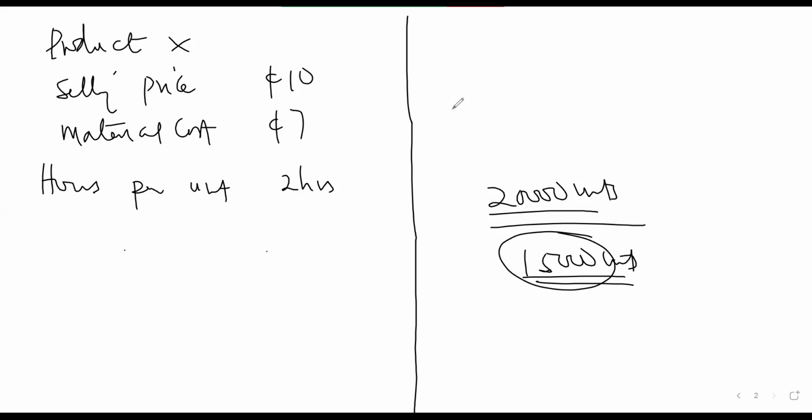So what you have to do is calculate what we call the throughput accounting ratio. It's very simple. It tells you whether you should go ahead to produce. You are going to be getting a throughput contribution of 3 cedis per unit. You are producing 15,000, so your total contribution will be 45,000.